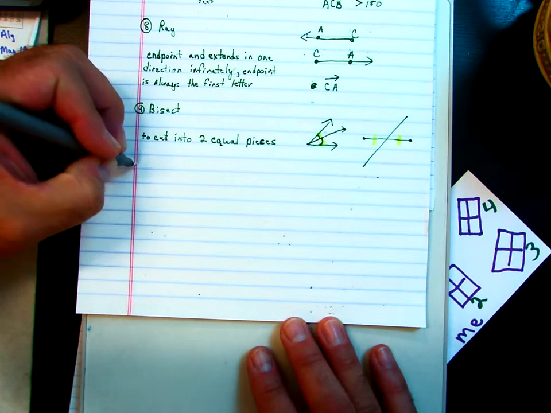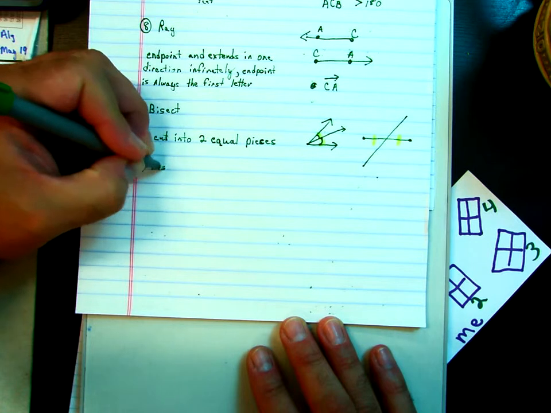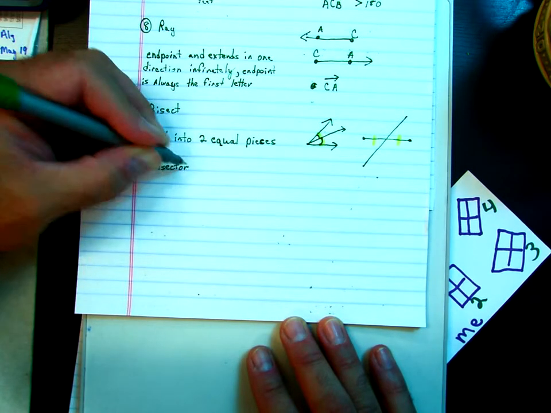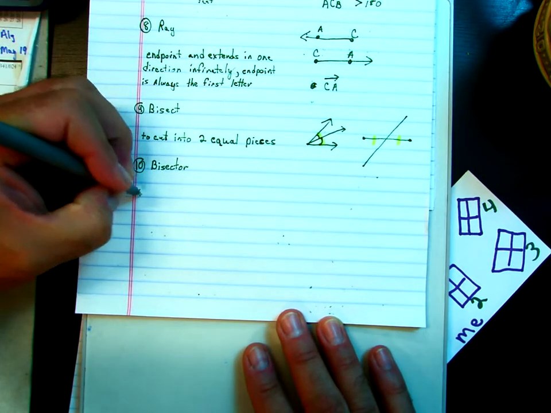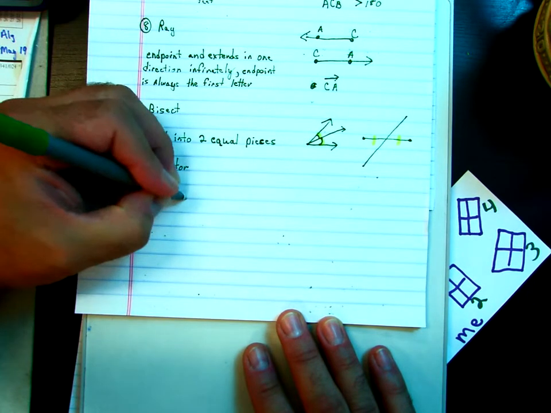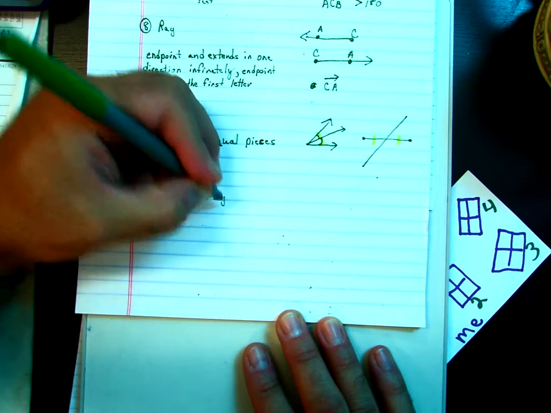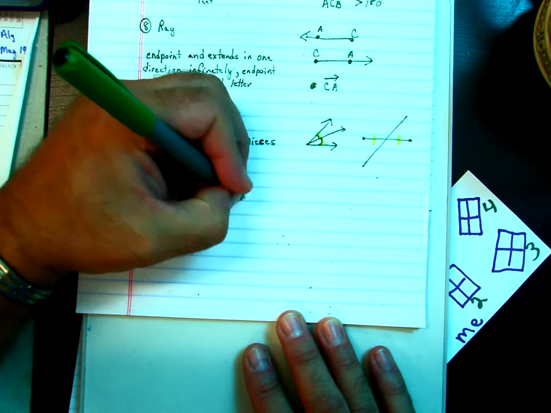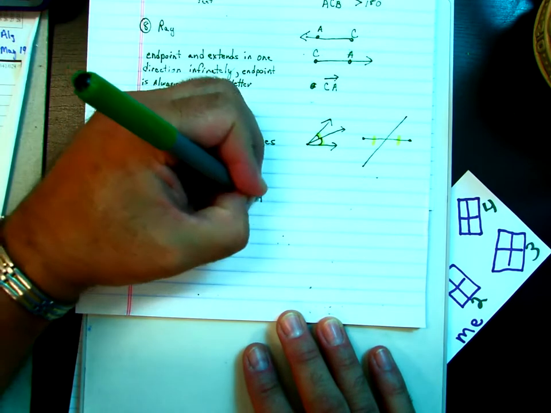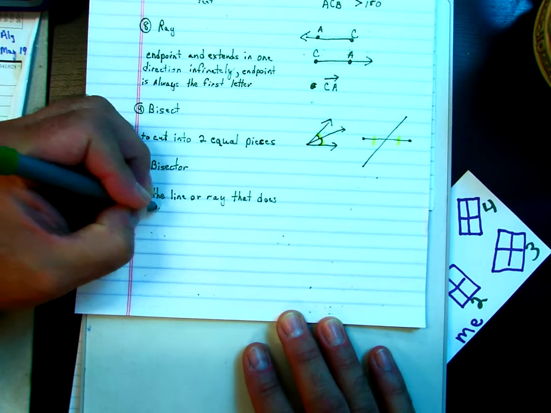Number 10 is a bisector. A bisector is the line or ray that does the cutting.